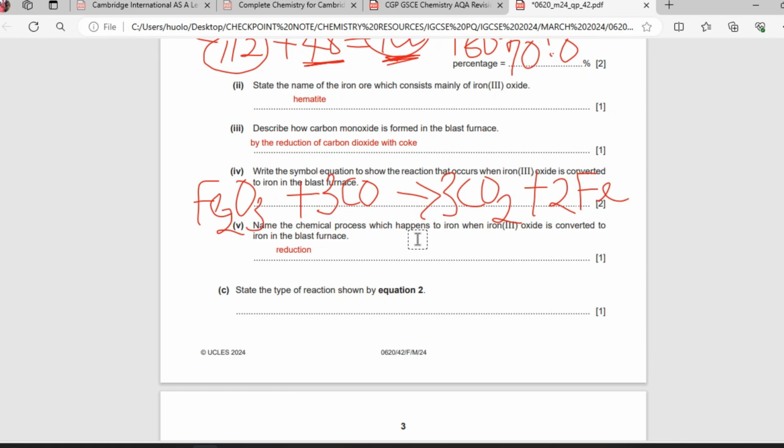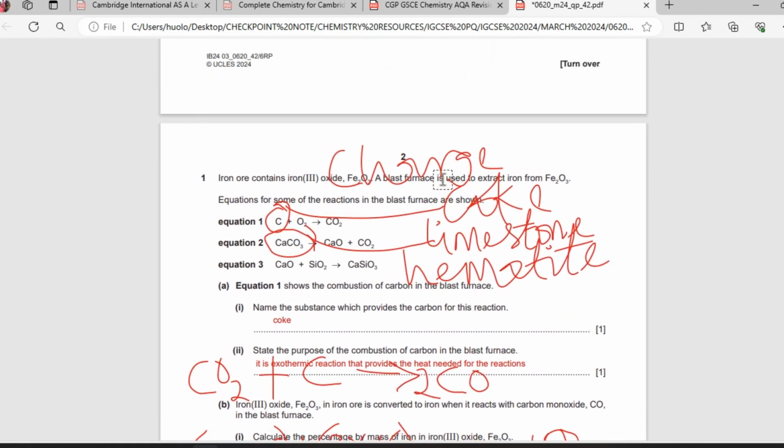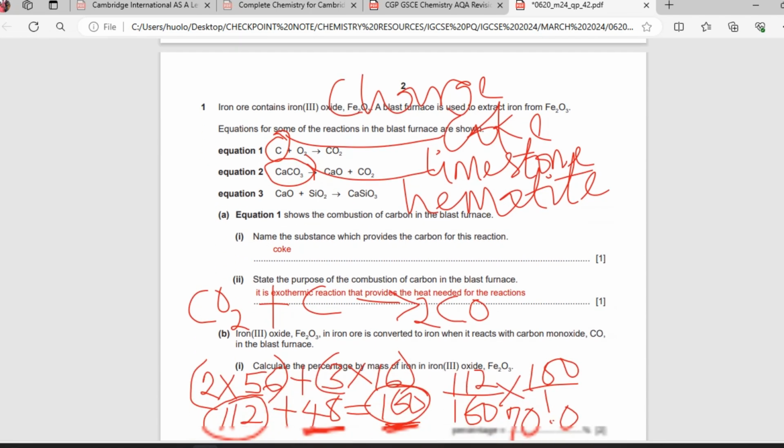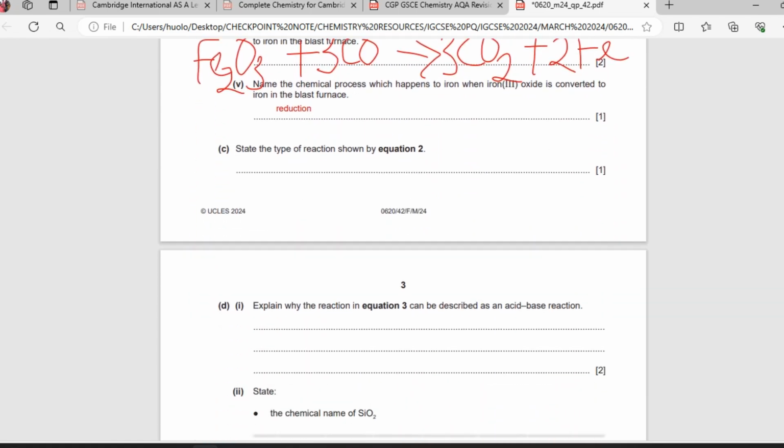Now state the type of reaction shown by equation 2. So let's go back and see what equation 2 is. Oh, equation 2, you know, each time you have just one reactant it is going to be a decomposition reaction, because that one reactant is going to break down into its components. Okay, so this time around it is breaking down thermally, so you say thermal decomposition.